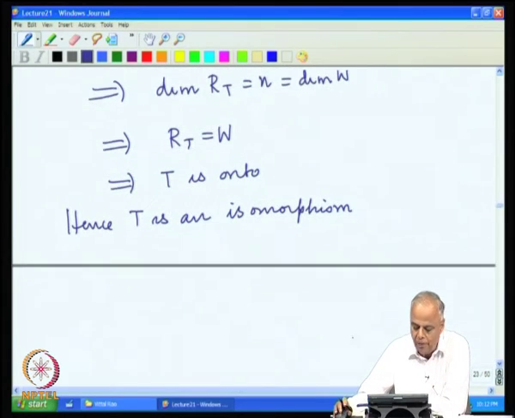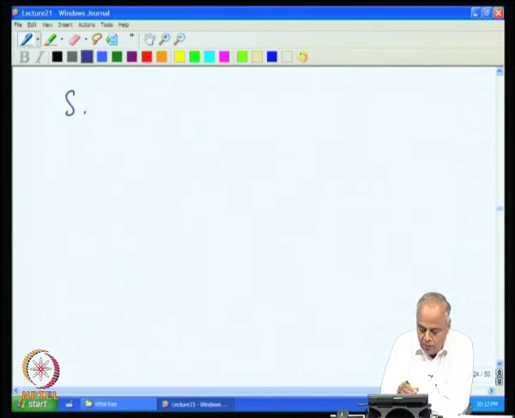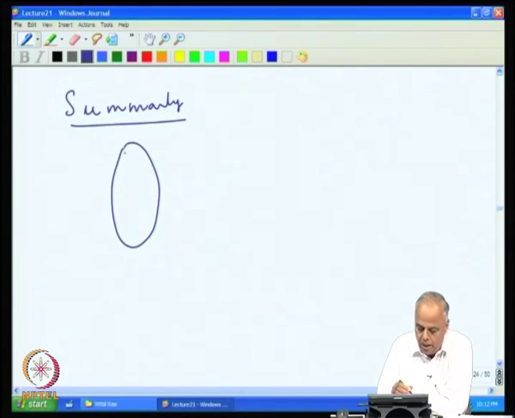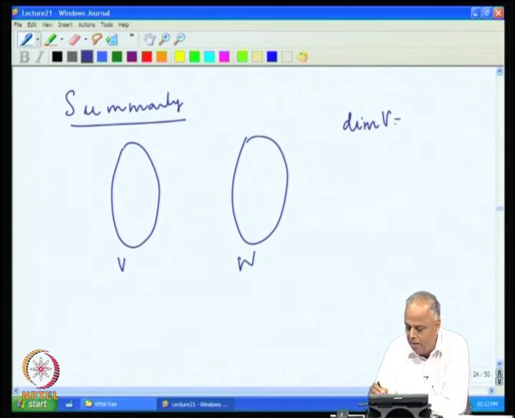So, what have we achieved therefore? What we have seen we can summarize as follows. You start with a vector space V, another vector space W, both vector spaces of the same finite dimension over the same field.